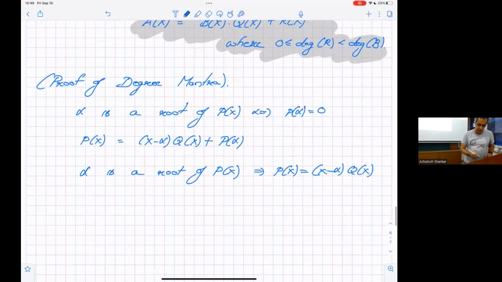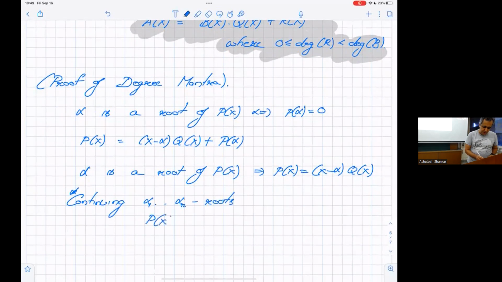So basically, this is true. If alpha 1, alpha 2, up to alpha R are the roots, P of x will be the product of x minus alpha i, i equal to 1 to R, times Q of x.